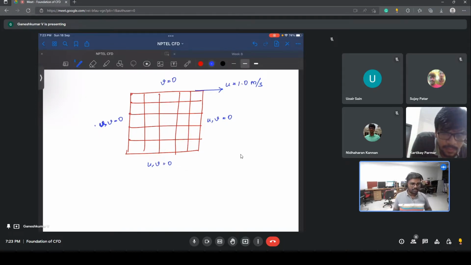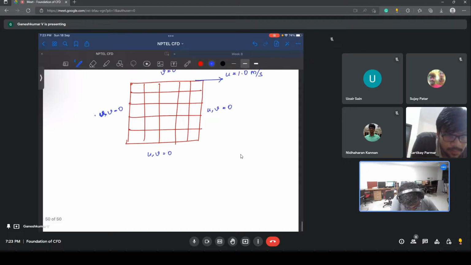This is the boundary condition we have. Now you see, this condition is not applicable for the cell center. It is applicable for face centers. So we need to use this for face centers.